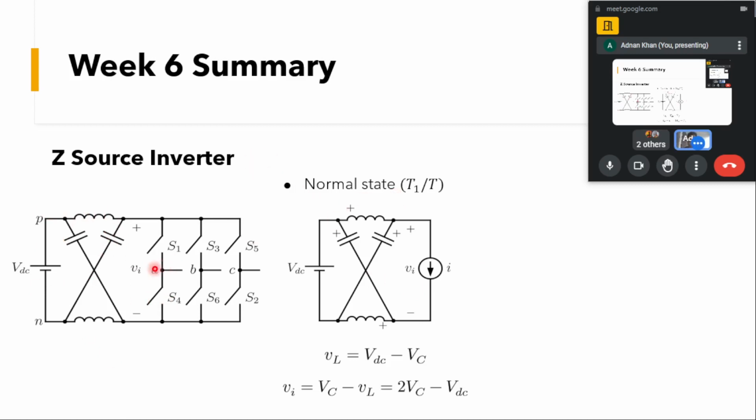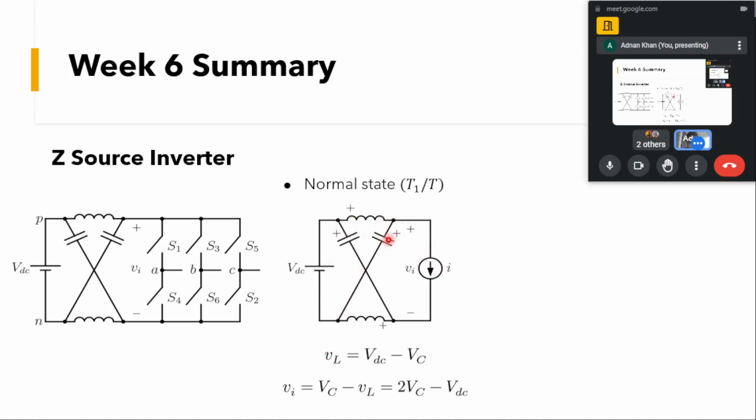This is the normal state where we'll be having an inverter, and this is a load current here. You can see, since this is symmetric, if you use a KVL in one of these loops, you can see that VL voltage here will be equal to VDC minus VC, in this loop.